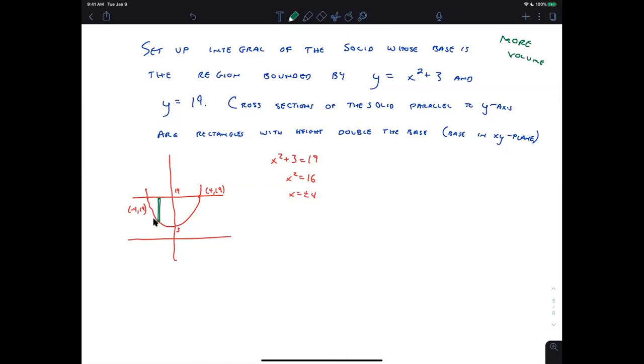The idea on these is the volume is the integral of the area of the cross section times either dx or dy, and in this case, dx. So it's the area of whatever the cross section was. The cross section is this rectangle. Well, the area of a rectangle is base times height.